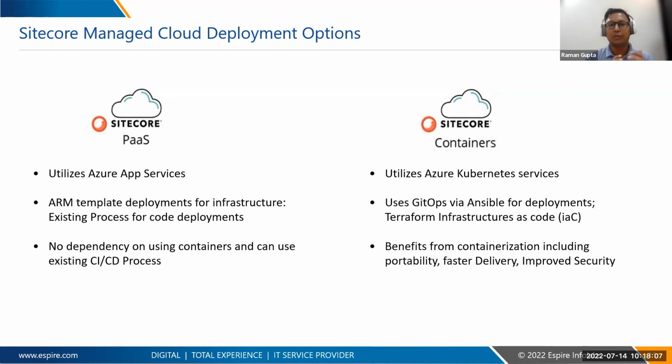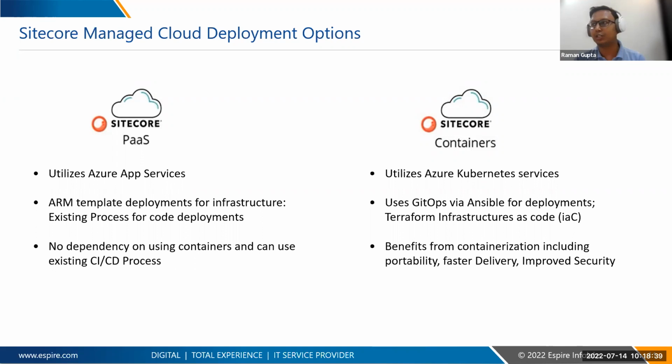Likewise, Sitecore has introduced containers from 10 onwards, so it is recommended that you opt in for the container option when you are either planning to upgrade to 10 or already working on Sitecore version 10 onwards. The Sitecore PaaS option will utilize Azure App Services and related technologies, and for containers, Sitecore will utilize Azure Kubernetes Services.